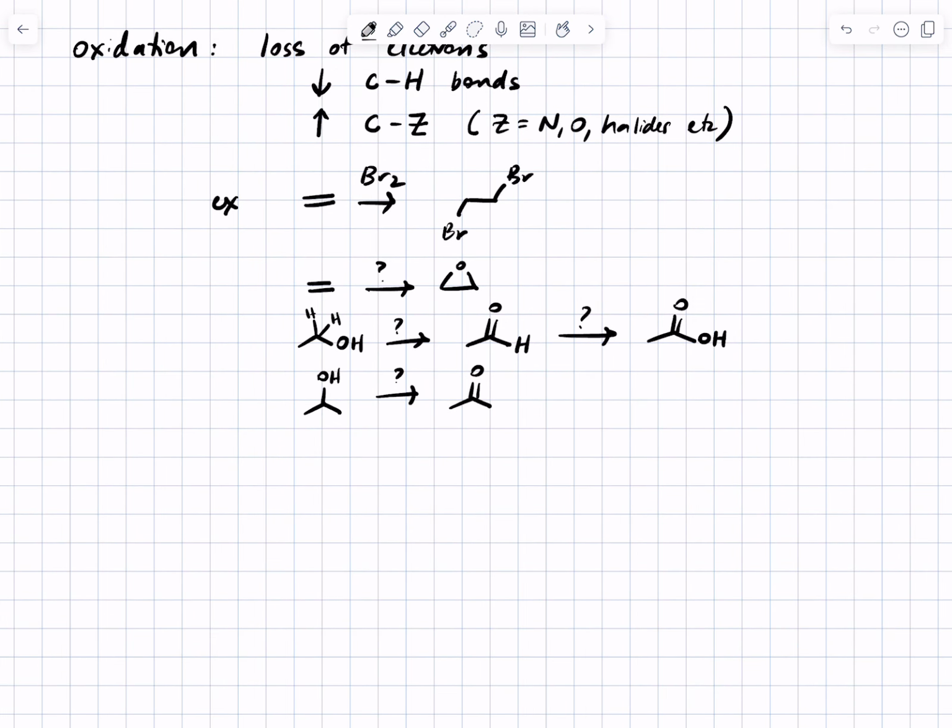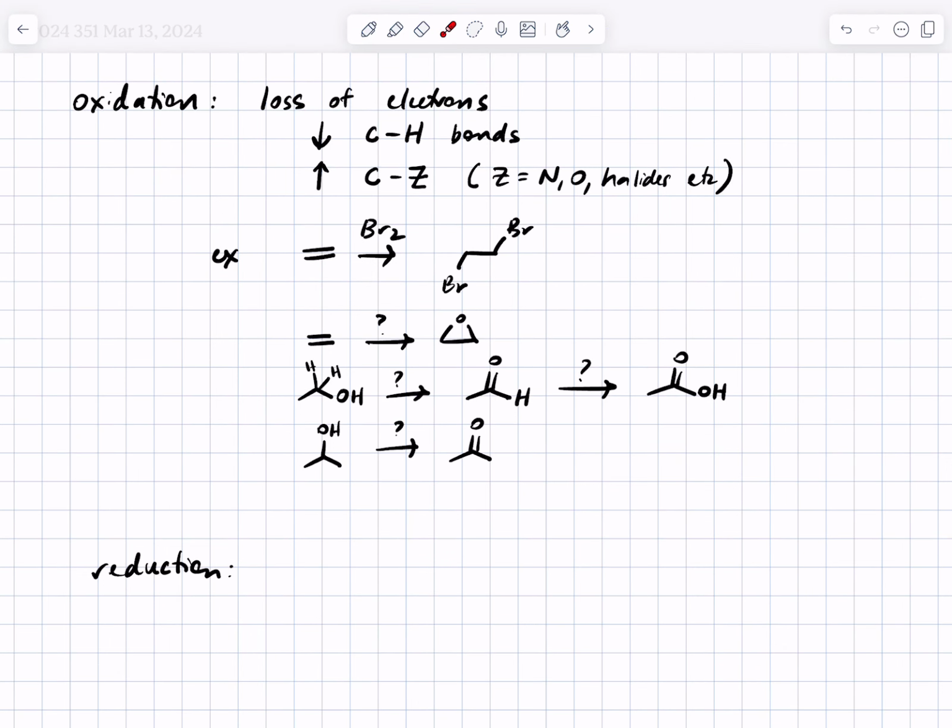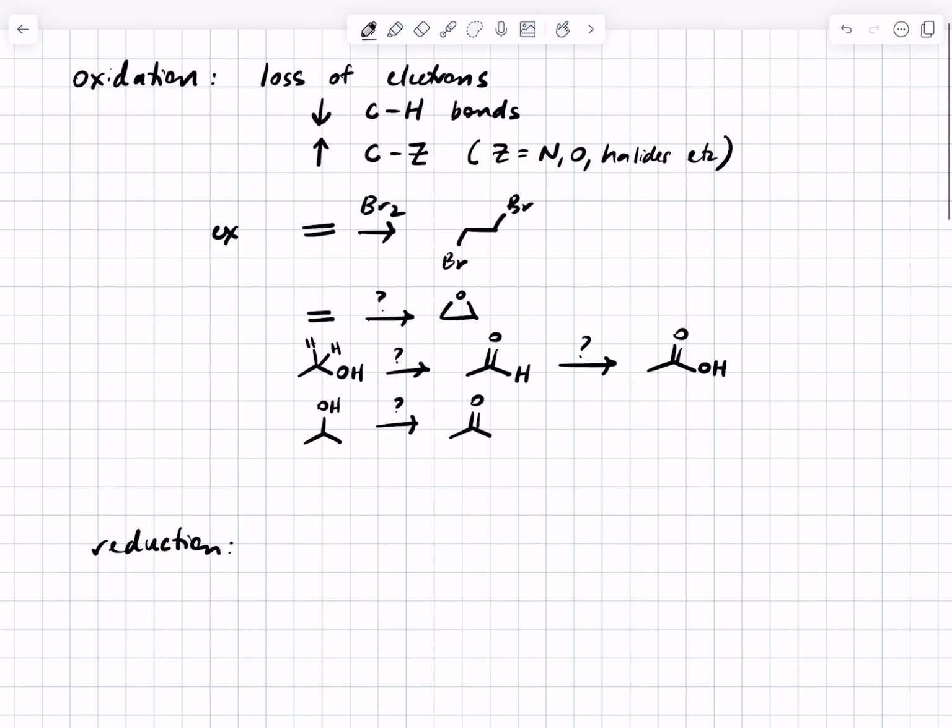Reduction we can define as just the opposite of oxidation. By the way, you can't ever just do one. In an oxidation-reduction reaction, one molecule gets oxidized, the other gets reduced. Where do the electrons go when something is oxidized? Well, they go to something that gets reduced.